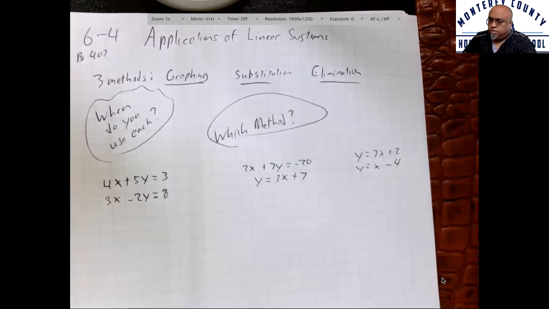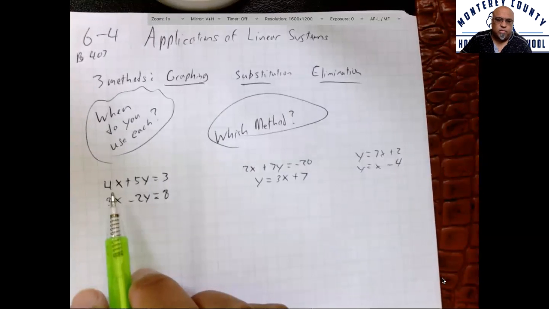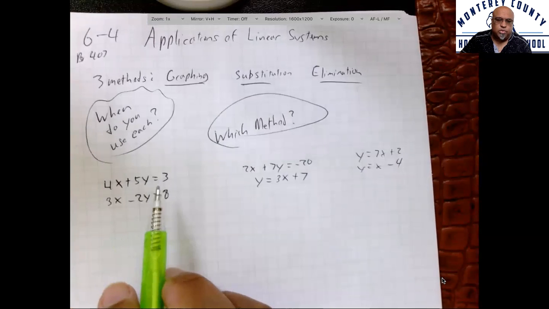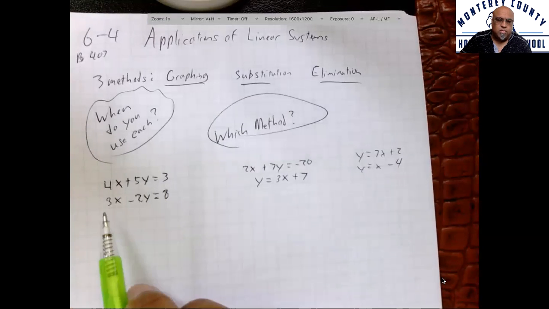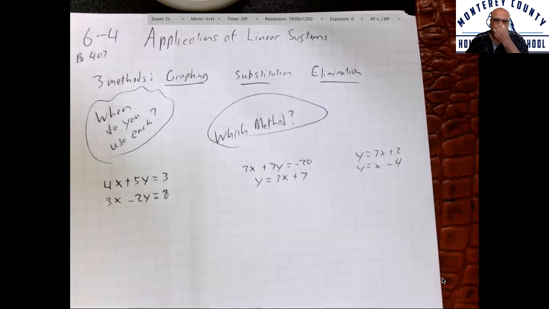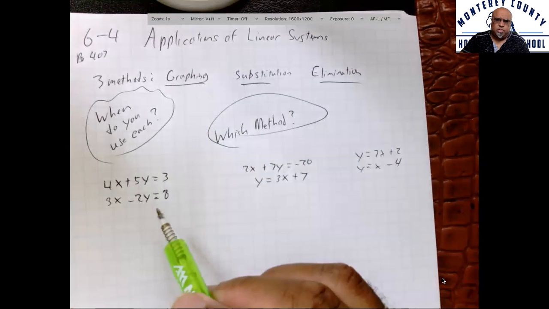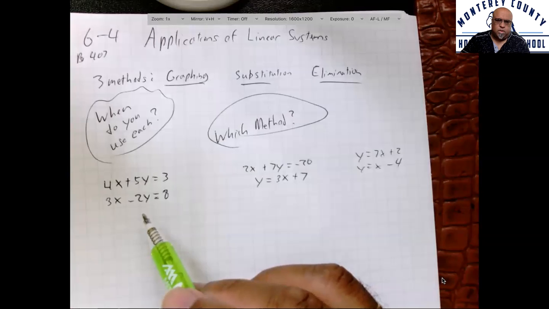So let's take a look at our first system of equations. I have 4x plus 5y equals 3, and I have 3x minus 2y equals 8. So let's look at this for graphing. Is this information written in slope-intercept form? No, it's written in standard form.